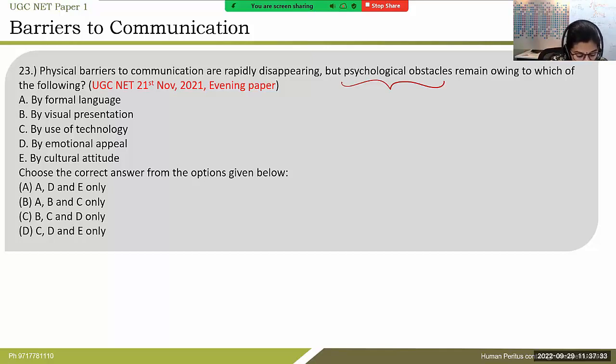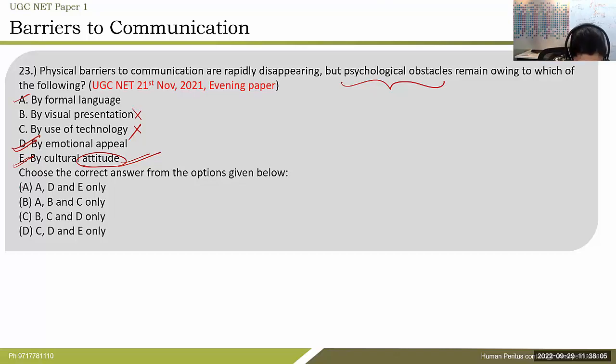Formal language: yes, this becomes a psychological obstacle because it leads to misunderstanding and misrepresentation. Visual presentation: no, this is a physical barrier. Use of technology is a physical barrier. Emotional appeal, yes. And cultural attitude: if the term attitude is given, it becomes a psychological barrier, because culture also influences your dispositions and stereotypes. So A, D, and E, which is option number A, is the correct option here.